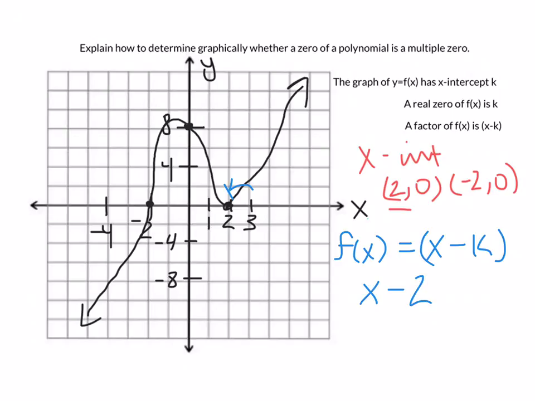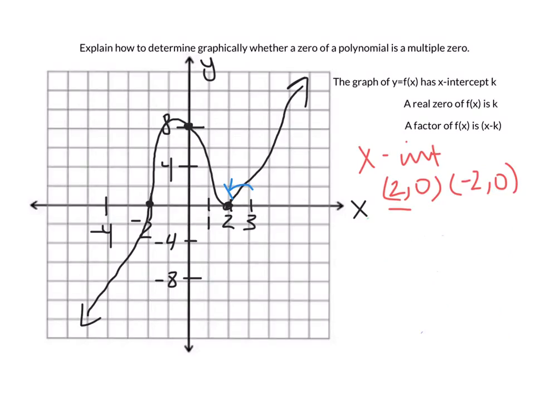And it's a 0 because if I were to set it equal to 0 and solve for x, then I would get x equals 2, wouldn't I? And that is what we have here. Okay, so we have x minus 2.